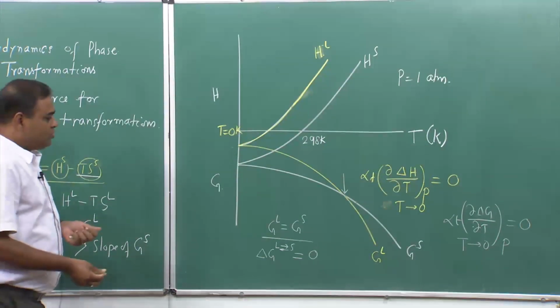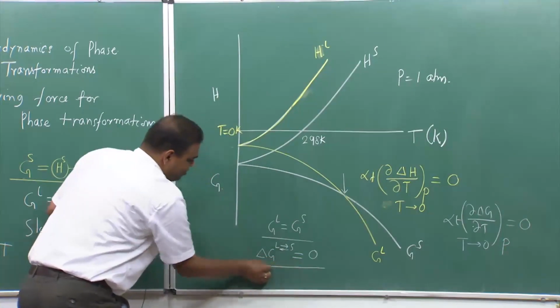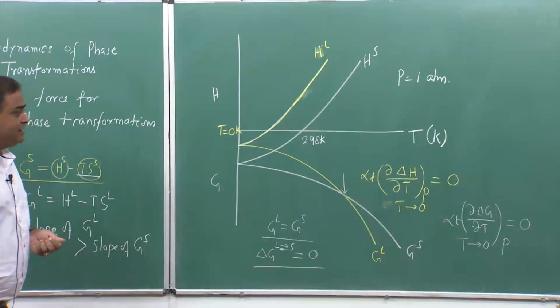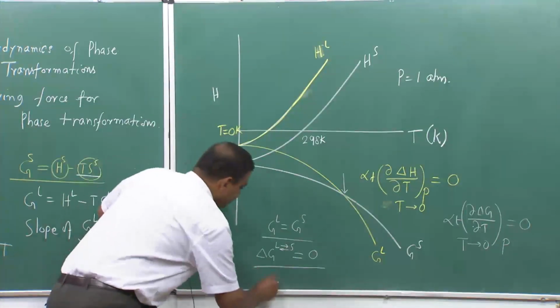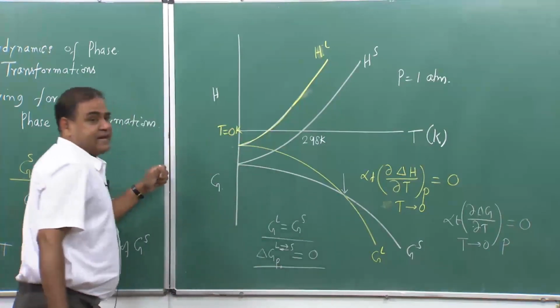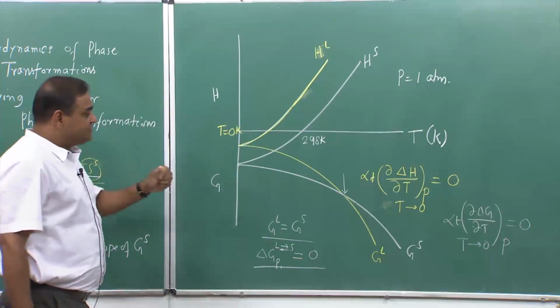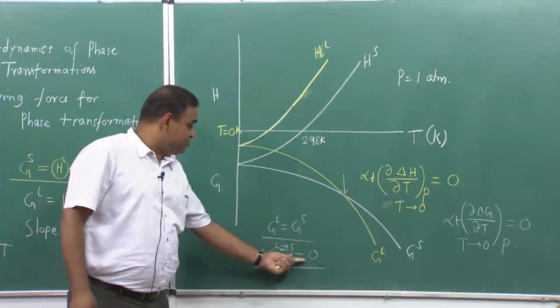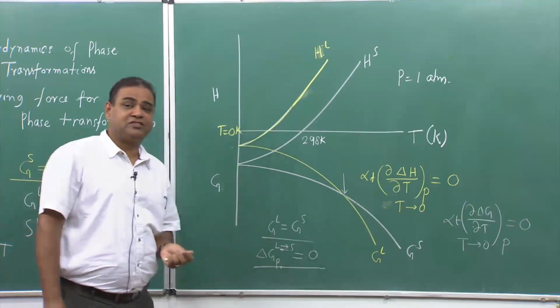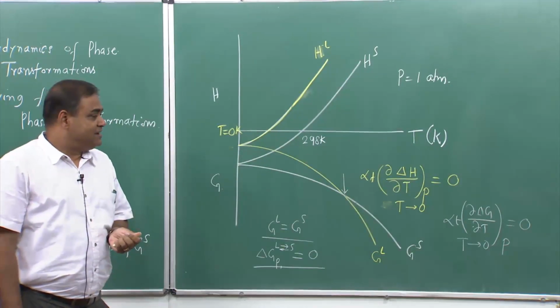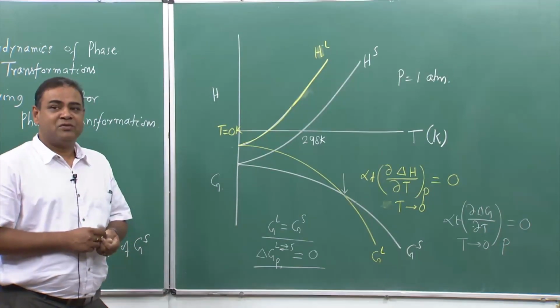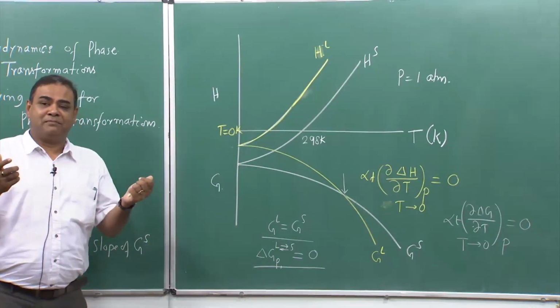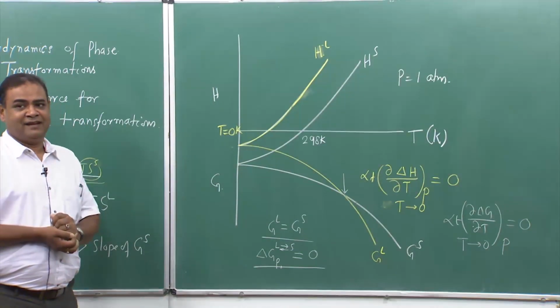And now we have to see what this condition is. If we consider P to be constant and this is appearing at some temperature, and the difference value is 0, then that particular point we call an equilibrium point.